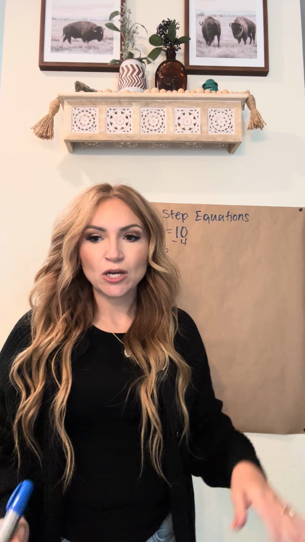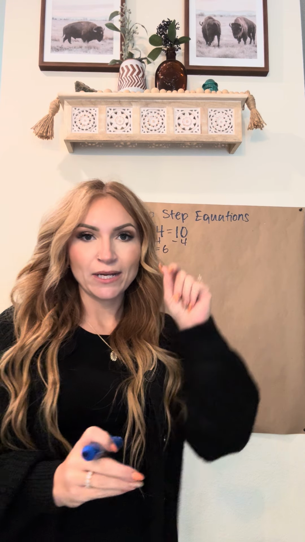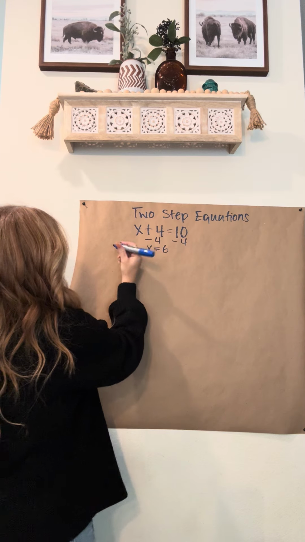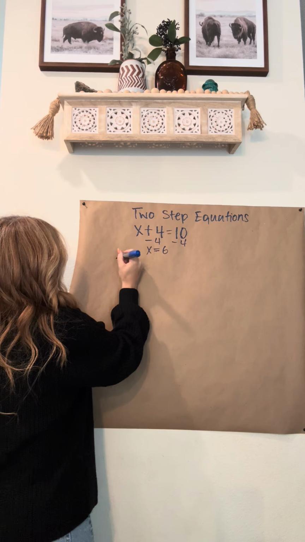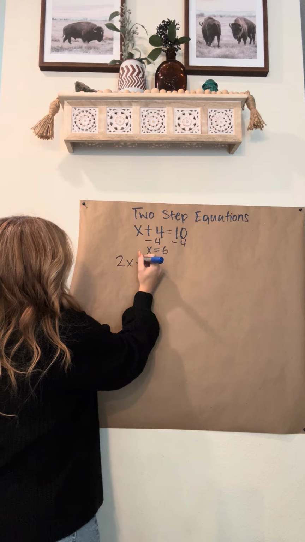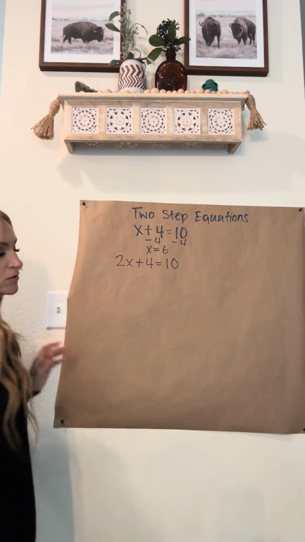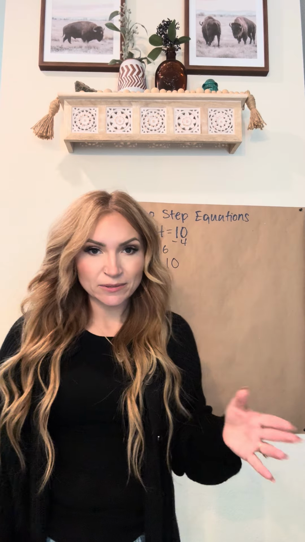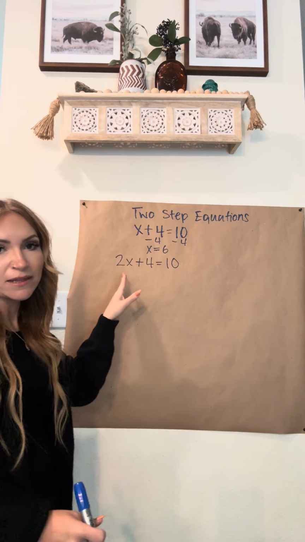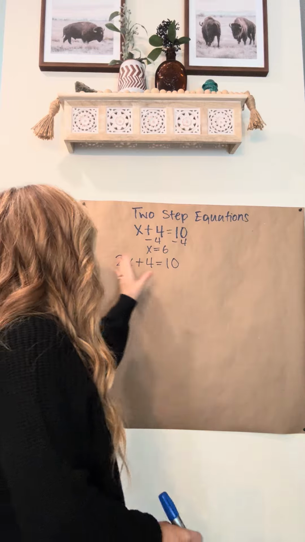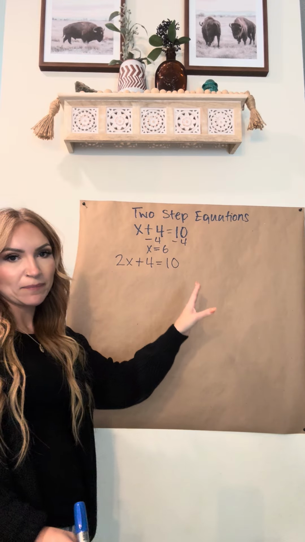So today we're gonna go a little bit further and we're gonna add another step on our variable side. So we're gonna do 2x plus 4 equals 10. So this is gonna follow very similar steps. We want to get the variable alone on its side so we can find out what it's equal to, but we have to keep both sides balanced.